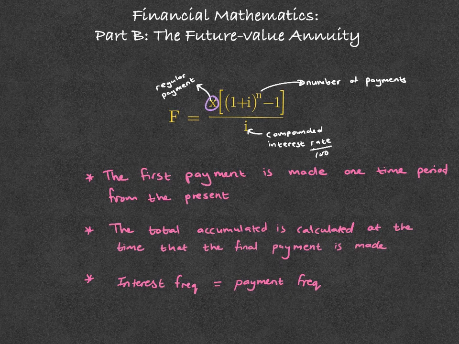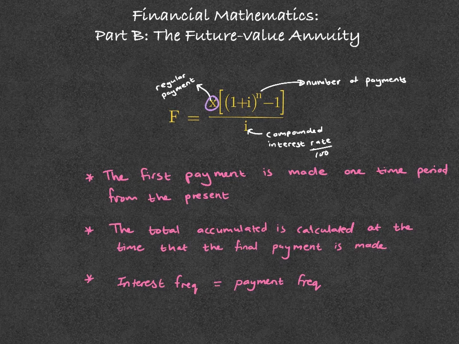So that's the first assumption. The second assumption is that at the time you make that last payment, the total value of your annuity is calculated. Do you follow? So that last payment won't accrue any interest.